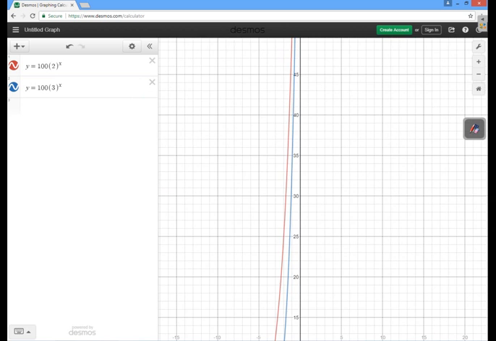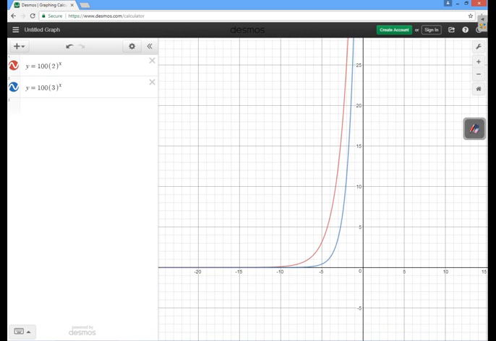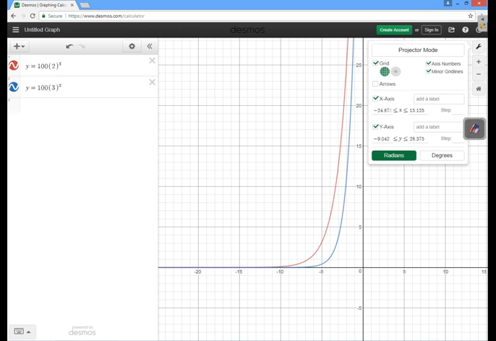If you look at these two graphs, you can see that the blue one is growing much faster than the red one. You can play around with the scale later on: press on that wrench and then you can change the scale.